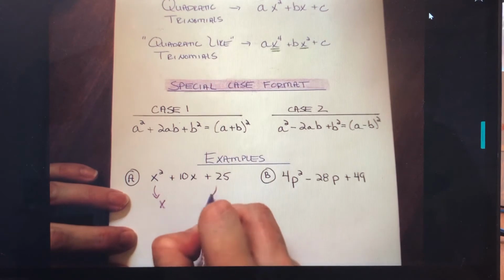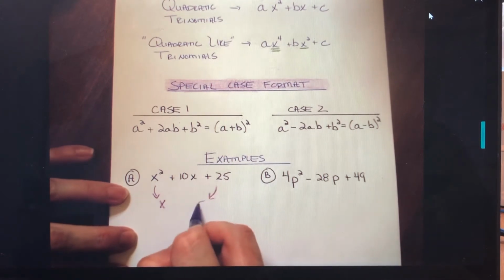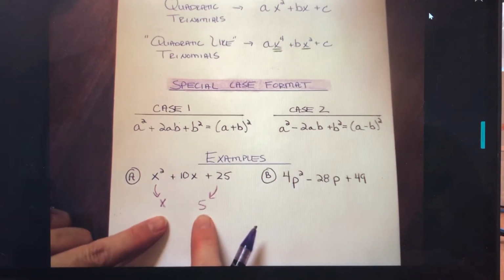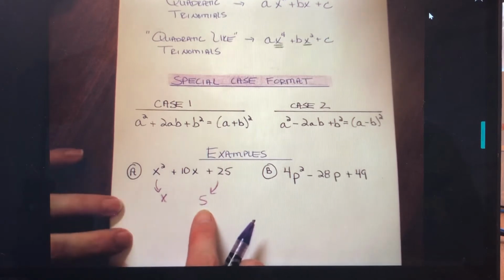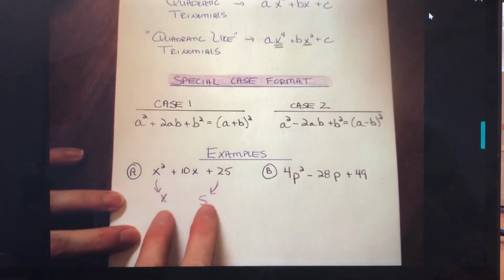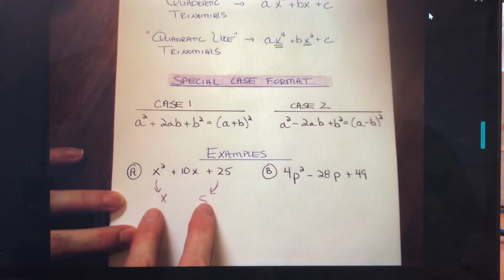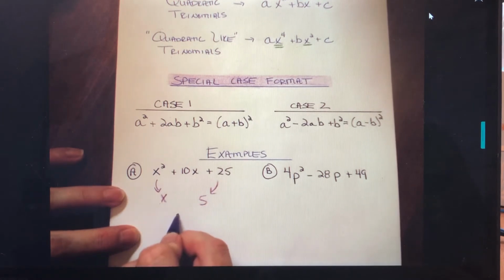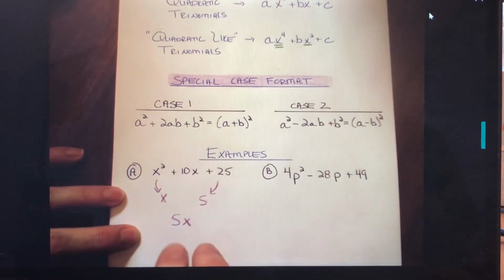And this third term, that's a 5 that's been squared. So is this a perfect square trinomial? Well, if you take what's been squared in each case and multiply that together, I'm going to put the coefficient first: 5 times x. If you double that, and compute that math, we get 10x.